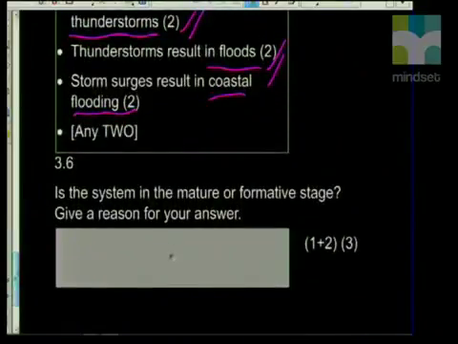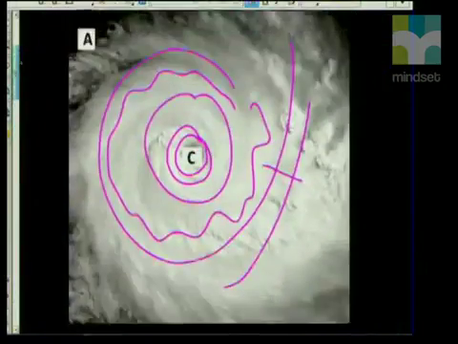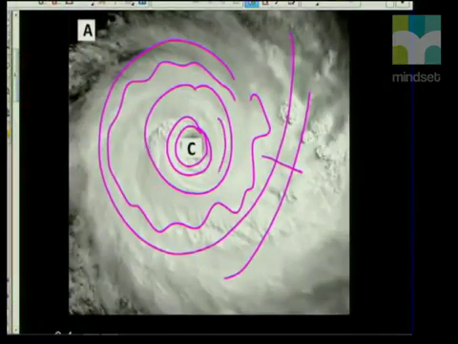Let's go to 3.6. Is the system in the mature or formative stage? Obviously, when you looked at this, learners, we already identified this is a tight band of clouds. Also, the eye has formed. And you've learned in the formative stage, there's no eye. Even if I didn't do the clouds, you saw the eye immediately.